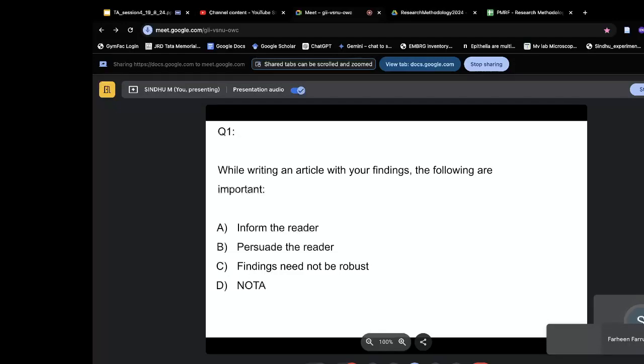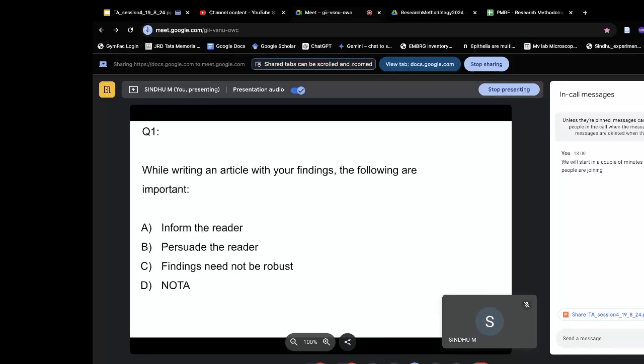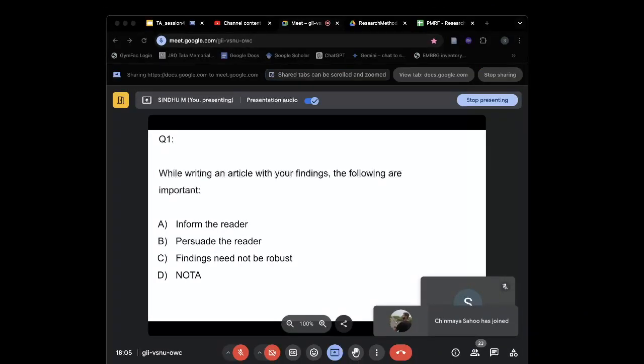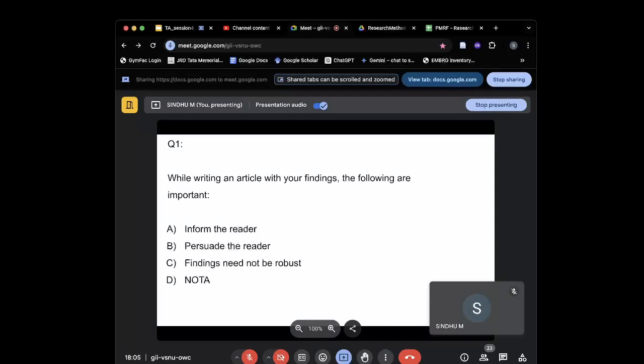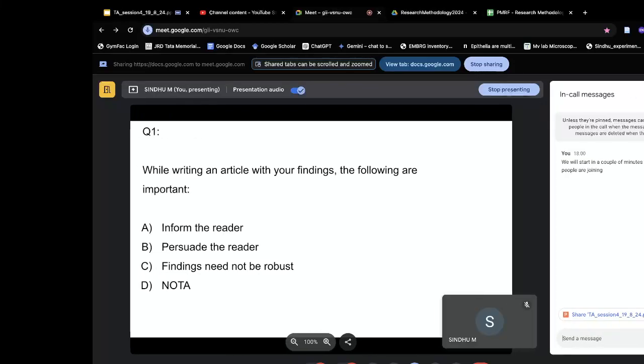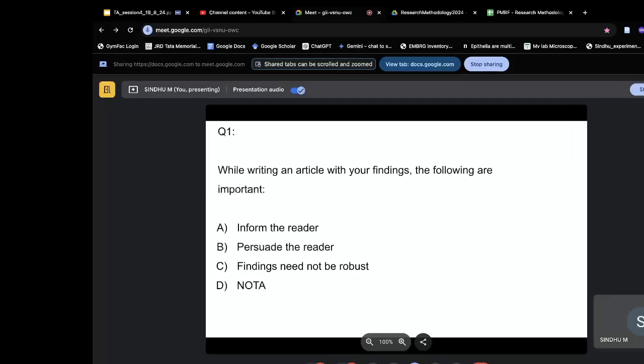So they may have one option correct or more than one option correct. You can think based on that.